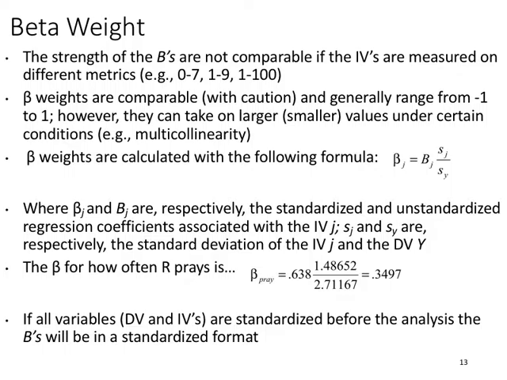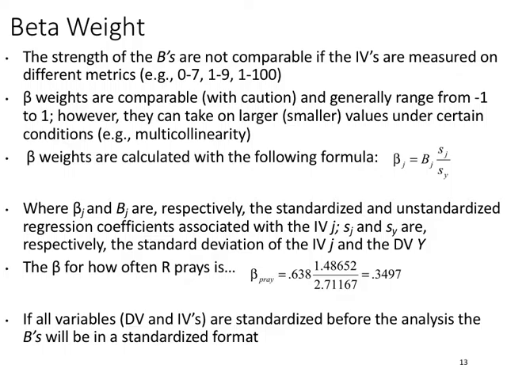But beta weights are comparable with caution. I don't say a lot, but I just say with caution. And they generally range between minus 1 and 1, but they can fall outside that range in certain situations, as indicated there. The formula for beta is pretty straightforward.